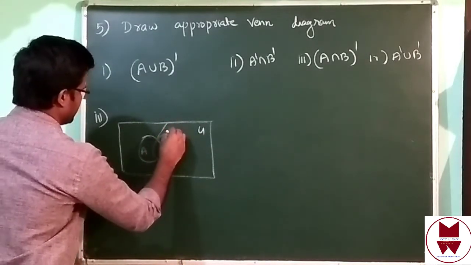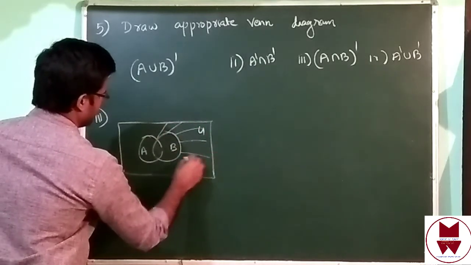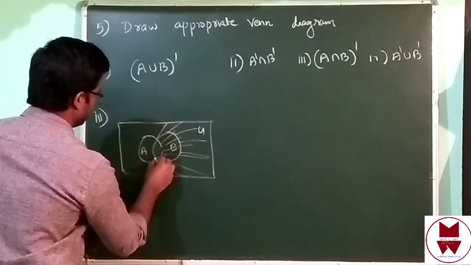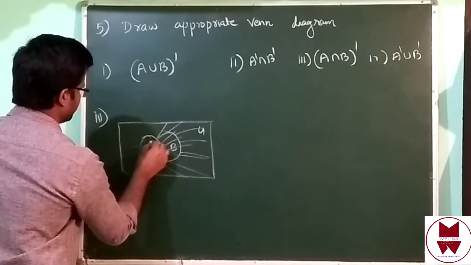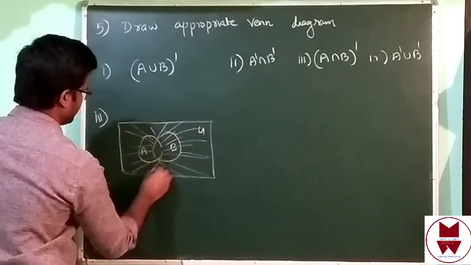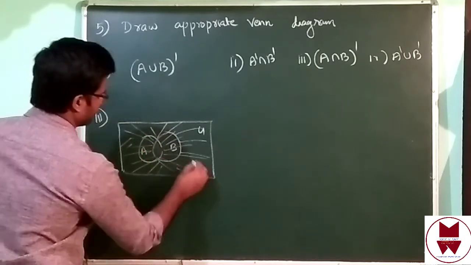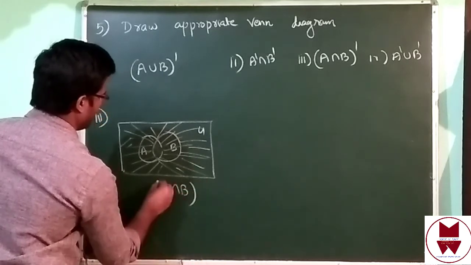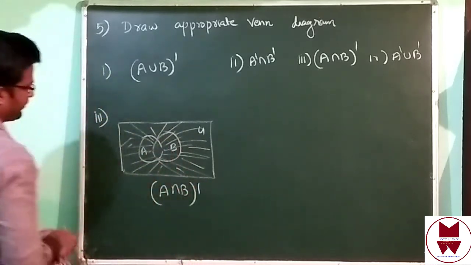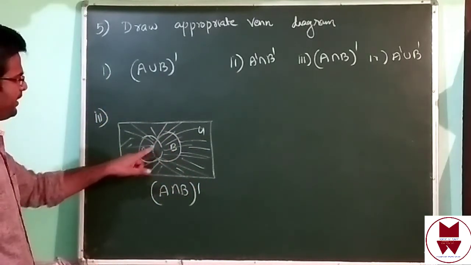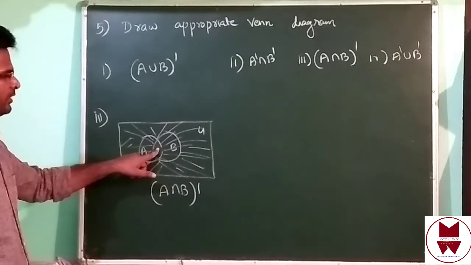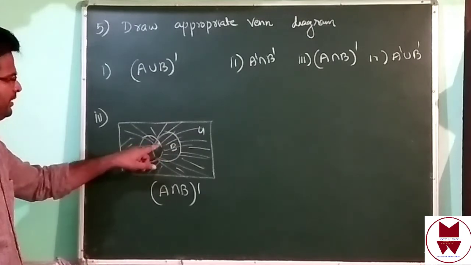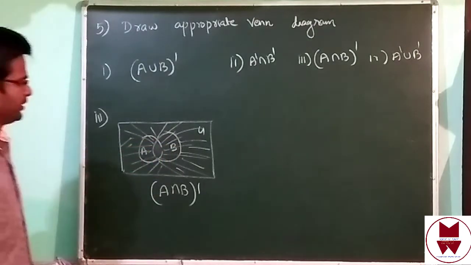Then shade the remaining part. The shaded region is (A intersection B) complement. That means this part in between set A and set B is not included, and all the remaining parts are included. Only the part between A and B is not included.